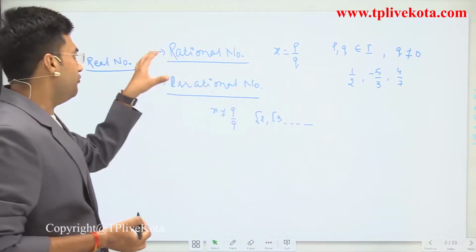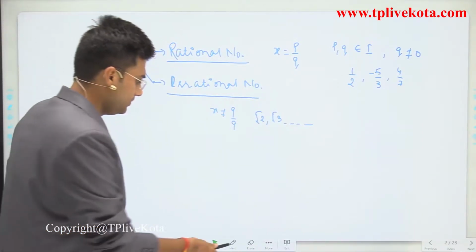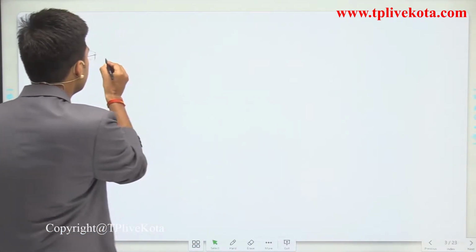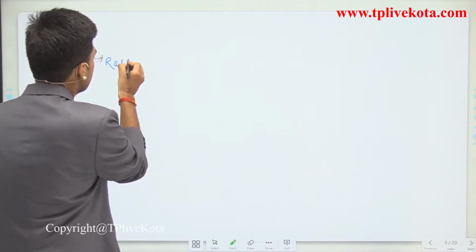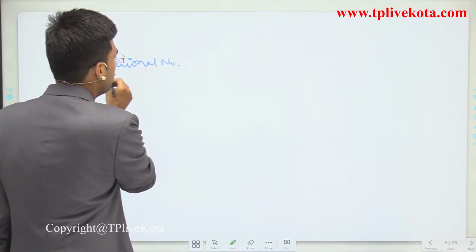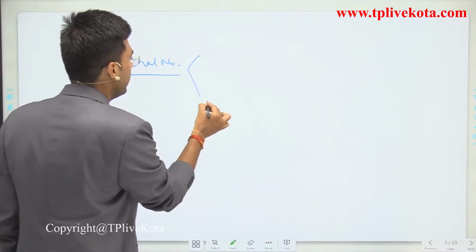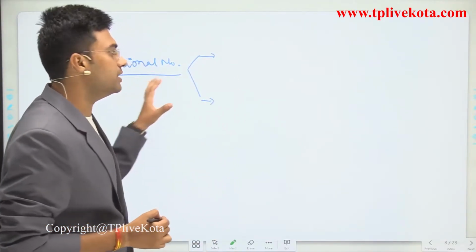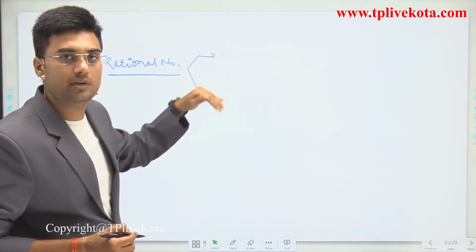Now if we talk about the rational numbers, again rational numbers are of two types according to their decimal representation. We studied that rational numbers are of two types according to decimal representation.